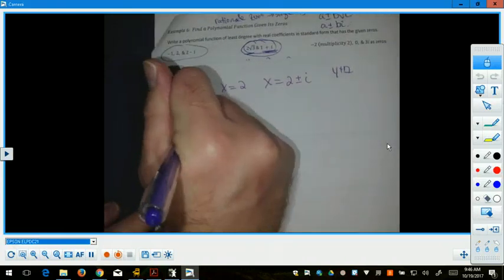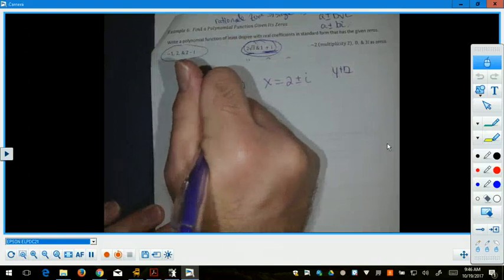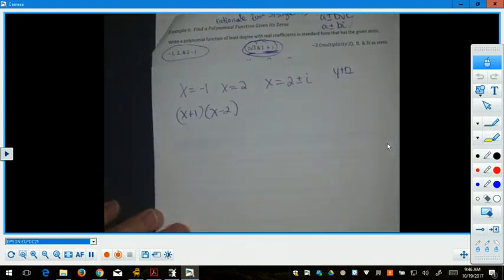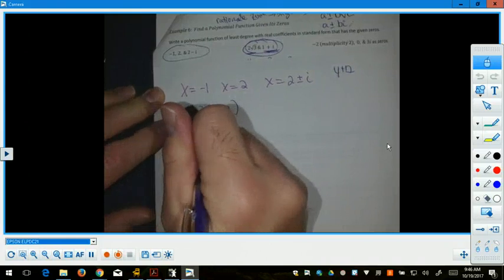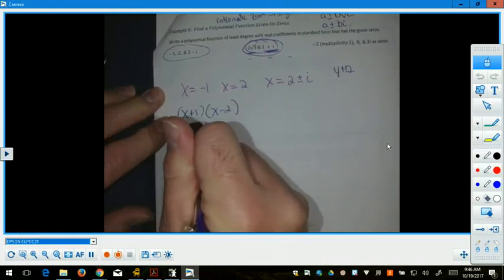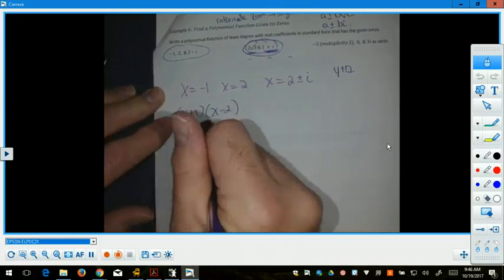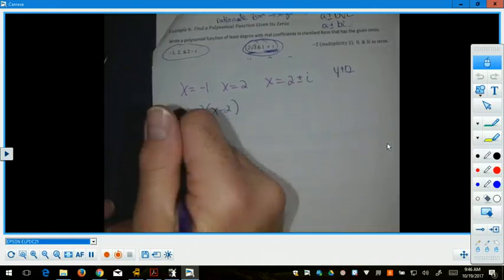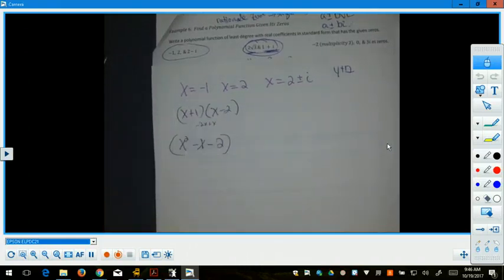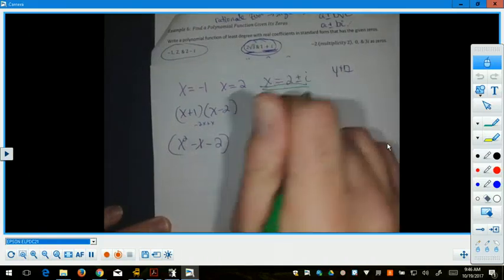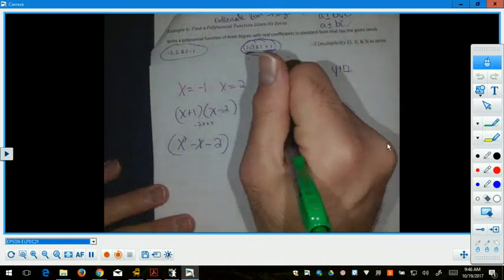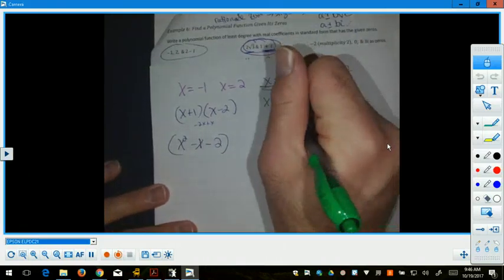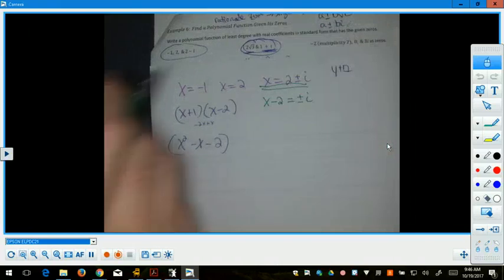So this factor is going to be x plus 1. This one's going to be x minus 2. I'm going to multiply those two together right now because that's easy enough. I've got x squared minus 2x plus x, which is minus x, minus 2. For this one, rather than writing out the factors, but you can do it that way if you like, I'm going to have x minus 2 equals plus or minus i.